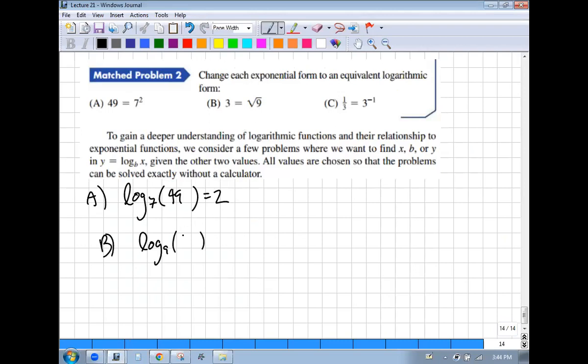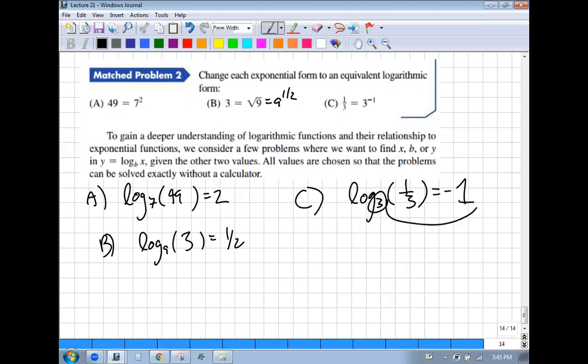Log base 9 of 3 is 1/2, right? This is 9 to the 1/2. So we're saying 9 to the 1/2 power equals 3. Over here, my base is 3, so I'm going to write down log base 3. And I'll say log base 3 of 1/3 equals -1, because 3 to the -1 is equal to 1/3.